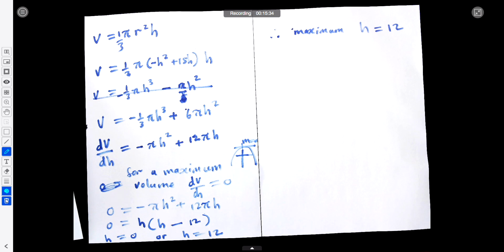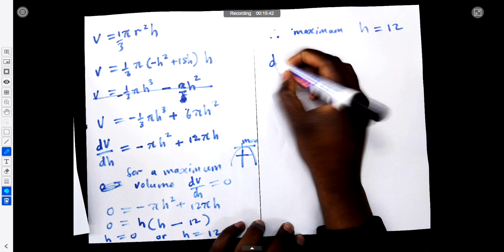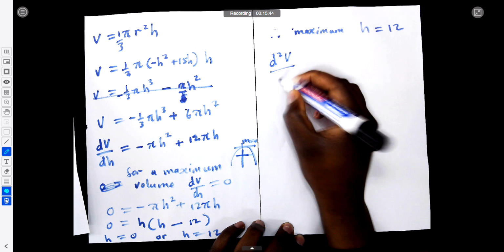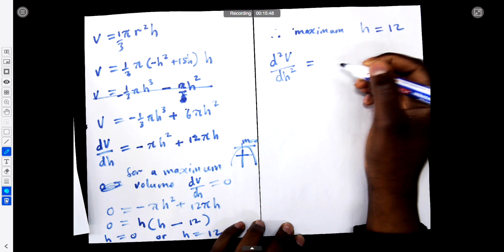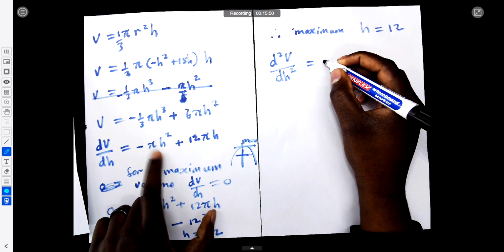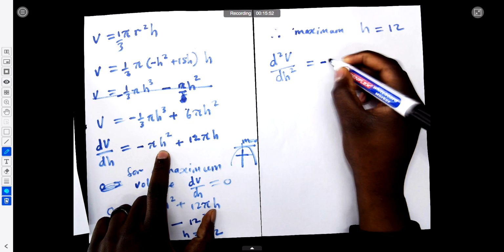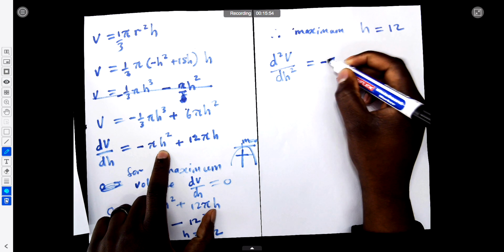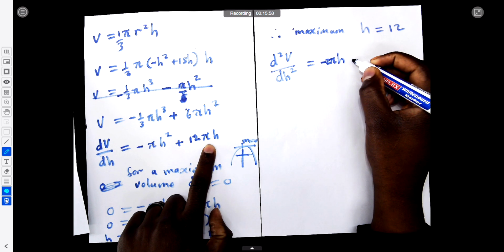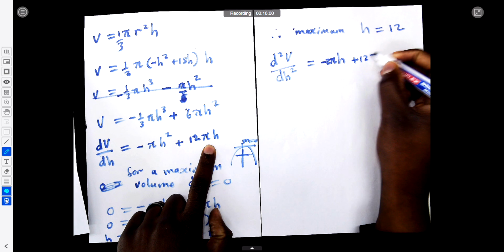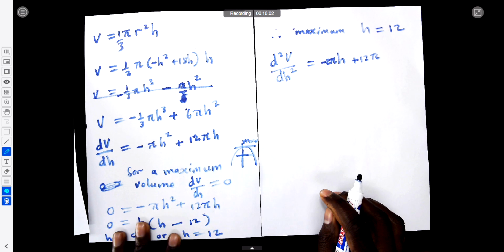If you wanted to prove that, you're going to differentiate the function twice and substitute the value of h into the second derivative. So d squared V over dh squared will be equal to what? The second derivative of this function. It will be negative 2 pi h, and then positive 12 pi, differentiating in terms of h.